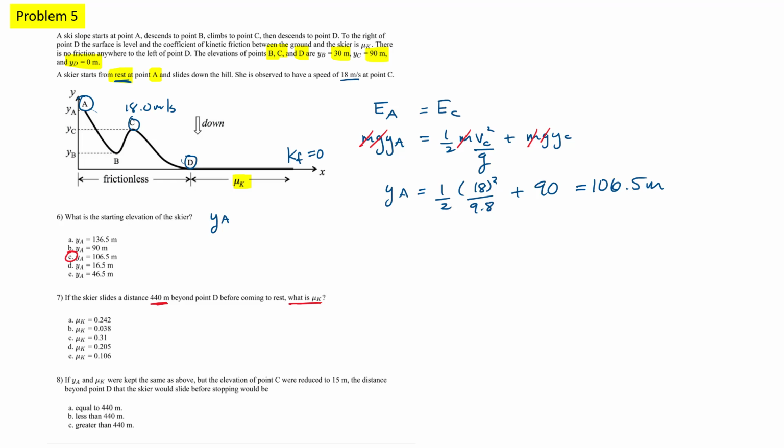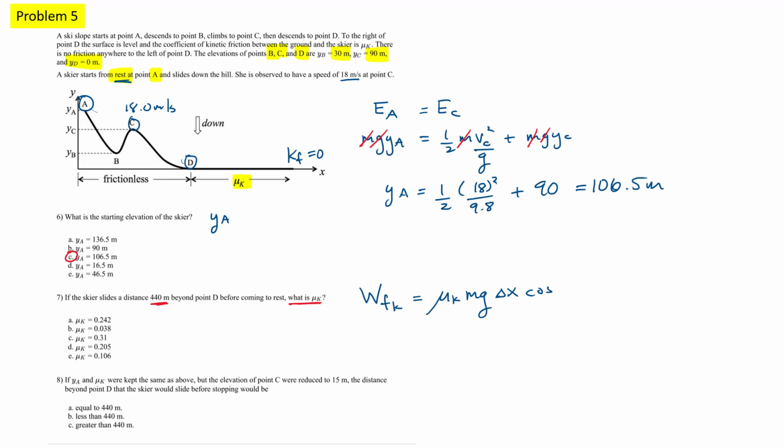That loss is the work done by the force of friction over that distance. The force of friction is the coefficient of kinetic friction times the normal force, and the distance I'm sliding is 440, which I'm calling delta x.